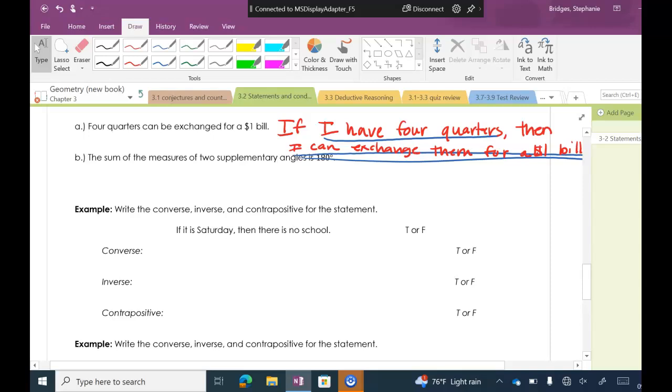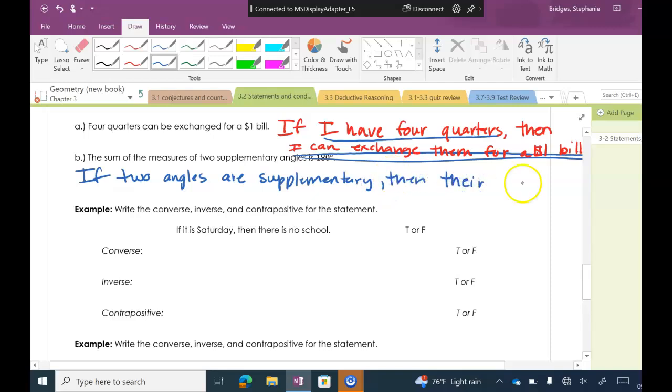This one really doesn't matter which way you go. So I'm going to write it like this: if two angles, because it's less writing, are supplementary, then their sum is 180 degrees.